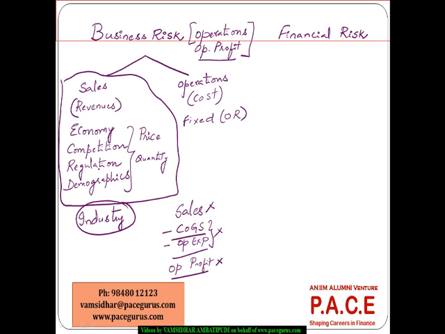Regulations are similar for all the companies. So the sales related risk and to some extent the operations related risk might be similar for the companies operating in a similar industry. Only small differences could very well occur between them.